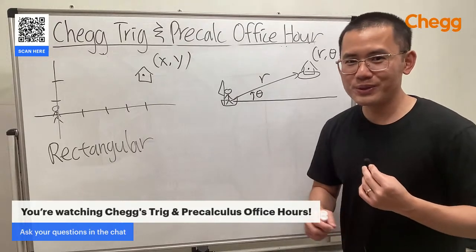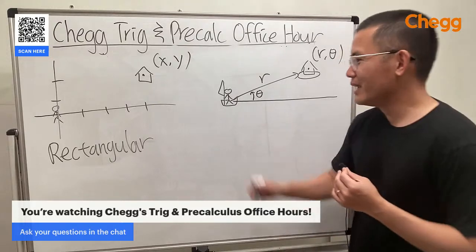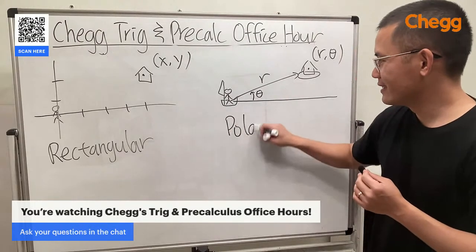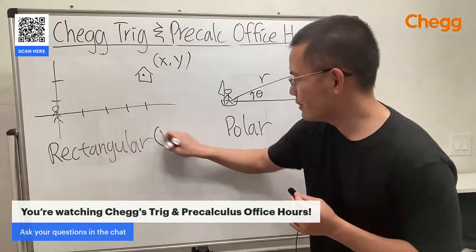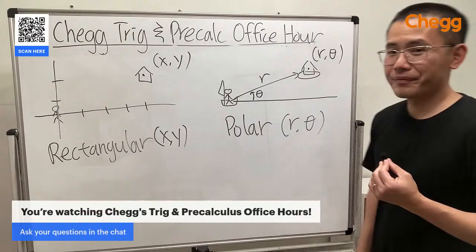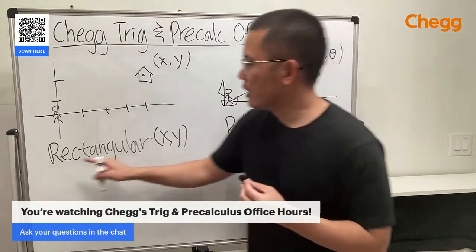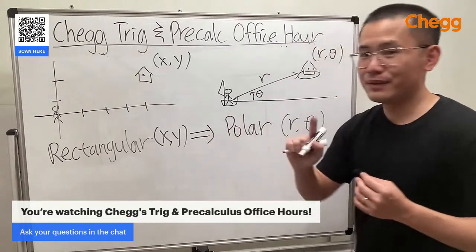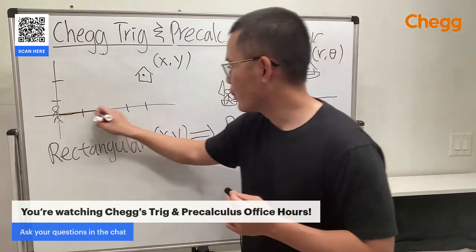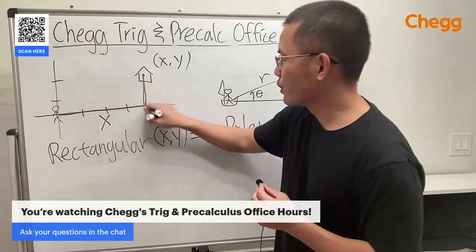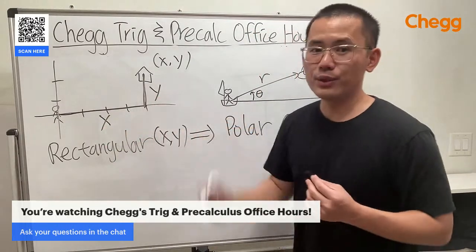Now, I just want to show you the conversion formula real quick. Rectangular, and this is polar. So rectangular is x, y, and polar is r theta. Now, how do we go from rectangular to polar? Have a look. Right here, we know the x, which is the horizontal distance, and we also know the y, which is the vertical distance.